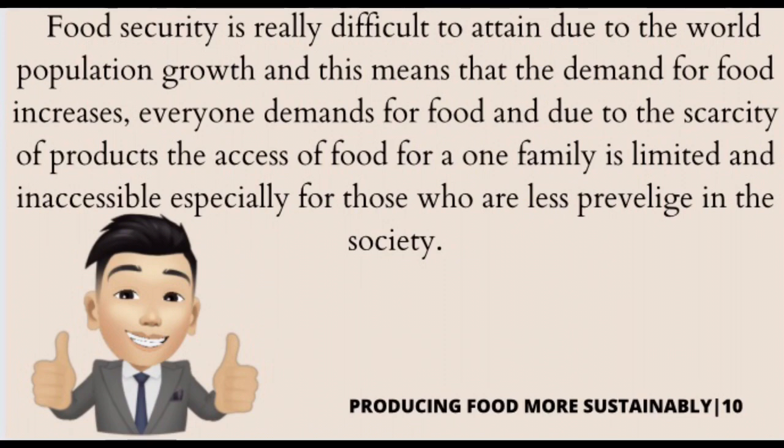Food security is really difficult to attain due to the world population growth, and this means that the demand for food increases. Everyone demands food, and due to the scarcity of products, the access to food for a family is limited and inaccessible, especially for those who are less privileged in society.